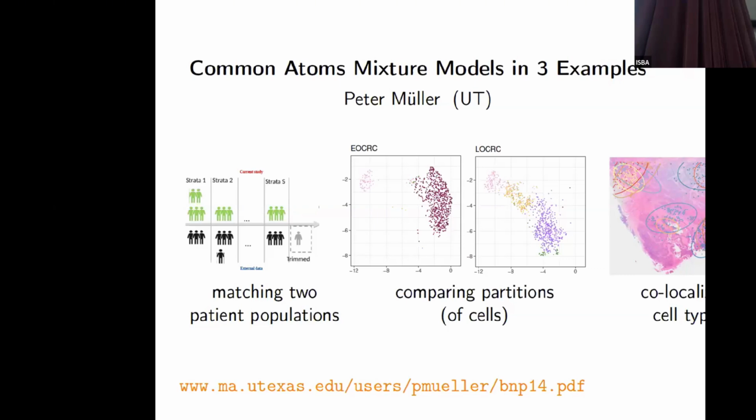We'll do it for early onset, we'll do it for late onset, and then we stare at it and we can see which classes are specific for one or the other condition. Again, for that narrative to make sense, you need aligned random partitions, which I create by way of setting up common atoms mixture models.